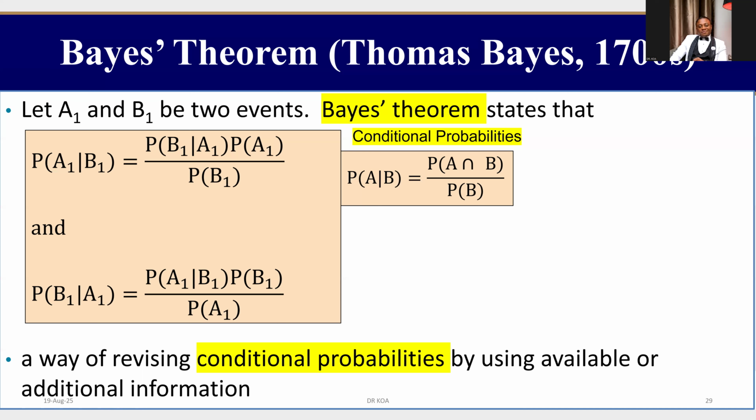I'm just trying to show you the derivation, how we came out. The second thing you should take note of is that A intersection B itself is the same as B intersection A. So this A intersection B here is the same as B intersection A. That rule doesn't change.